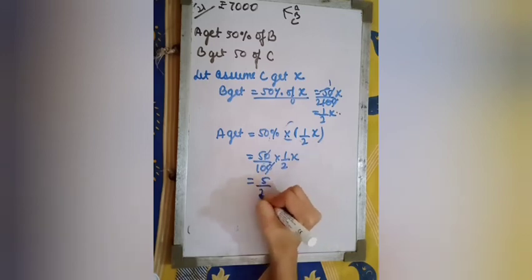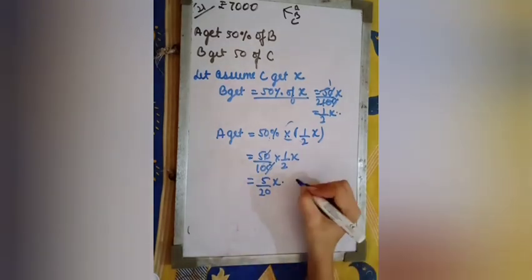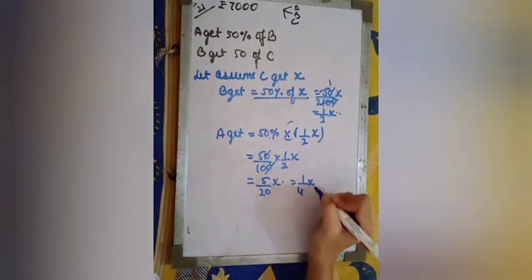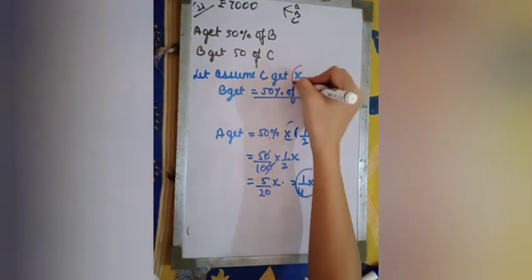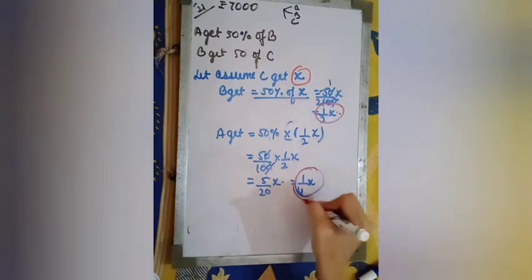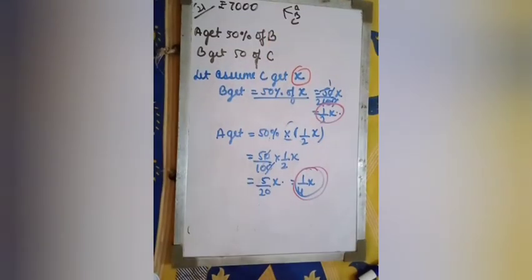It is 5/20x. Okay, 1/4x. So a is this. This is c, this is b, and this is a.